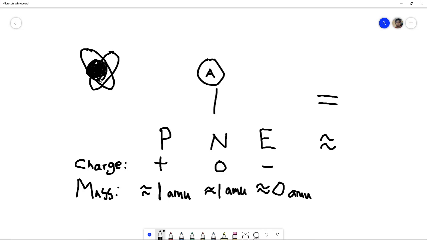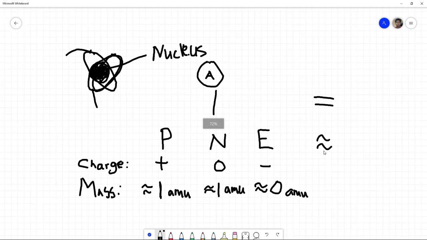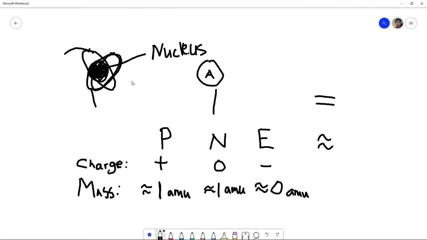So this is a poor diagram of an atom, but as you can see, we have the nucleus, which houses the protons and neutrons. And these rings out here are basically the path of the electrons. Now notice how I'm not saying the electrons' location, and that's because electrons travel very fast and they orbit around the nucleus.